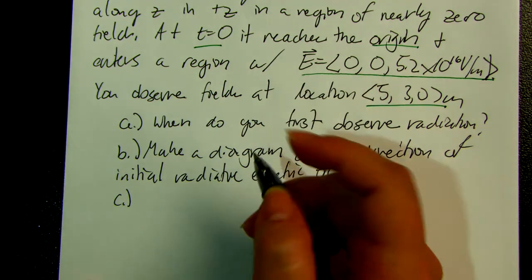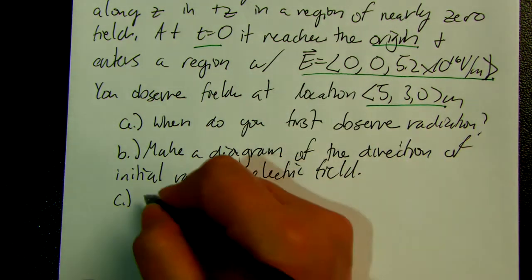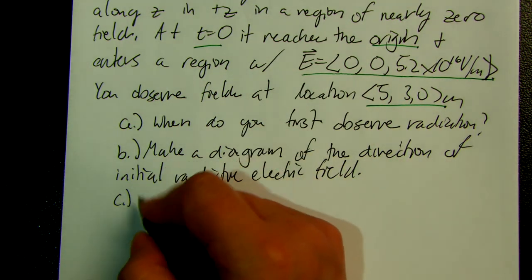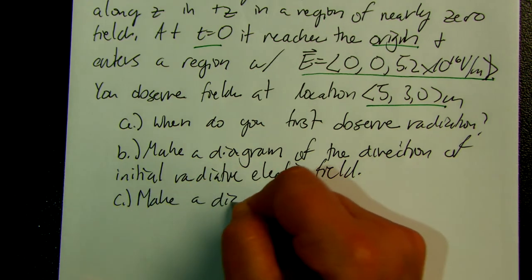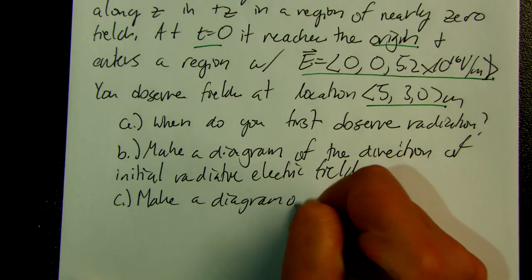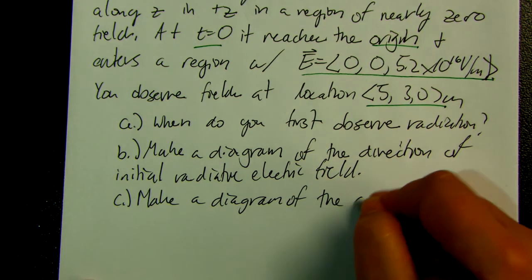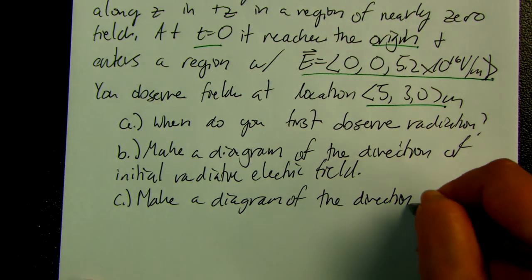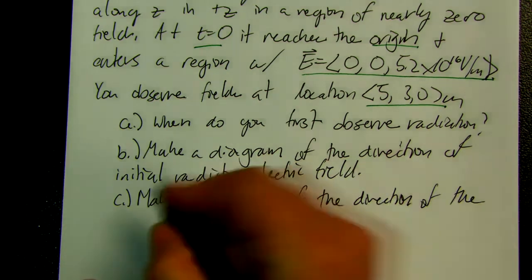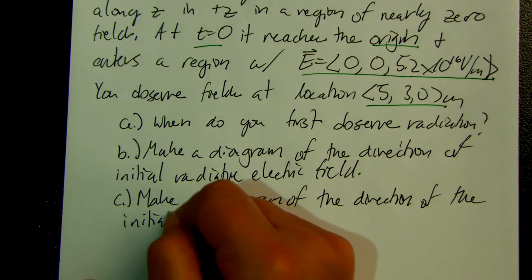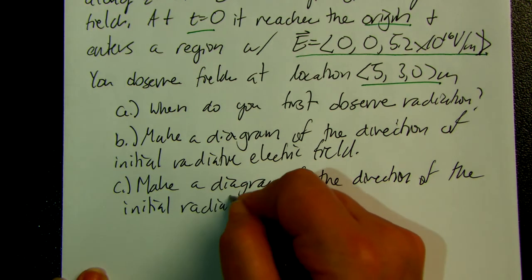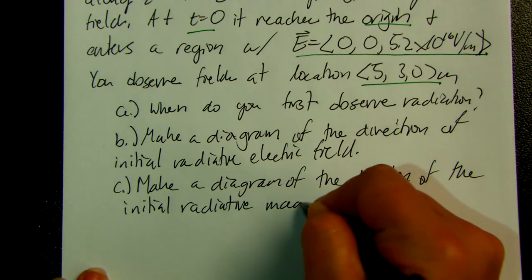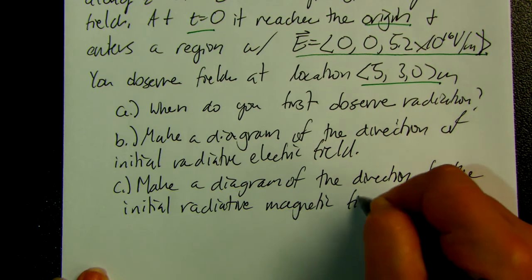And then, actually we'll address this in part B too, make a diagram of the direction of the initial radiative magnetic field.